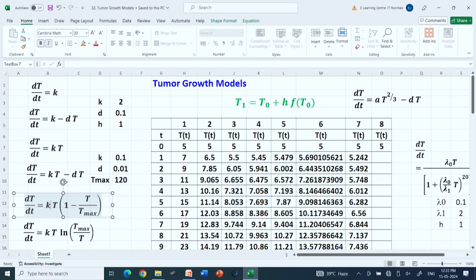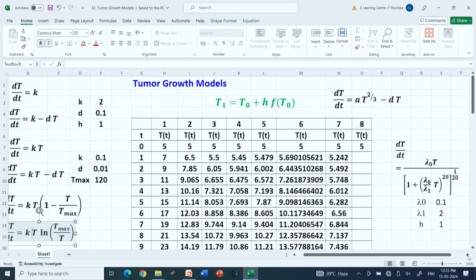Then we have the logistic one and the Gompertzian one. I have also this equation which depends on volume. So basically 1, 2, 3, 4, 5, 6, 7. So here also 1, 2, 3, 4, 5, 6 and this 7. The one which I left is this one, which I will just do it now.